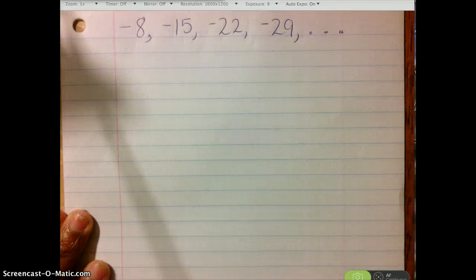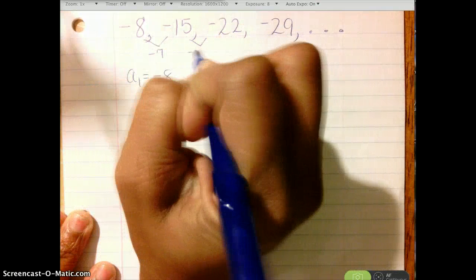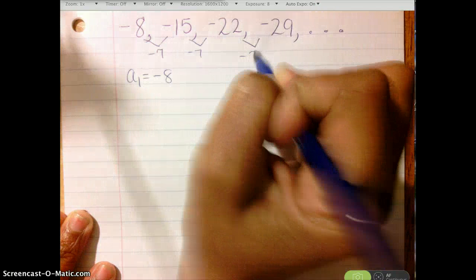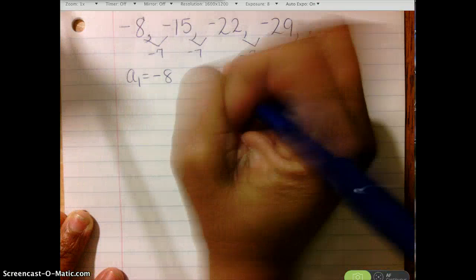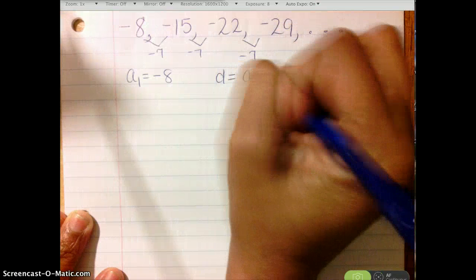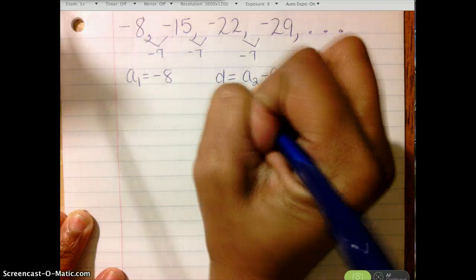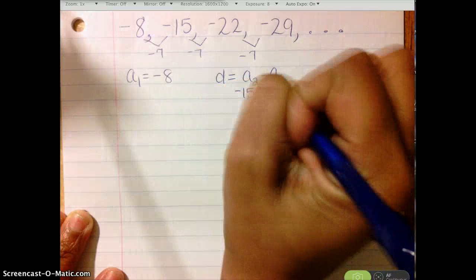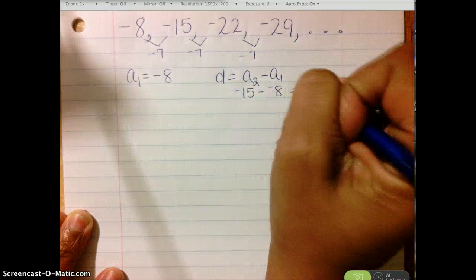Okay, for your second example, our first term is -8. To get from -8 to -15, we're going to have to subtract 7, subtract 7, subtract 7. Or remember that your difference is always the second term minus the first term. So -15 minus -8 gives me -7.